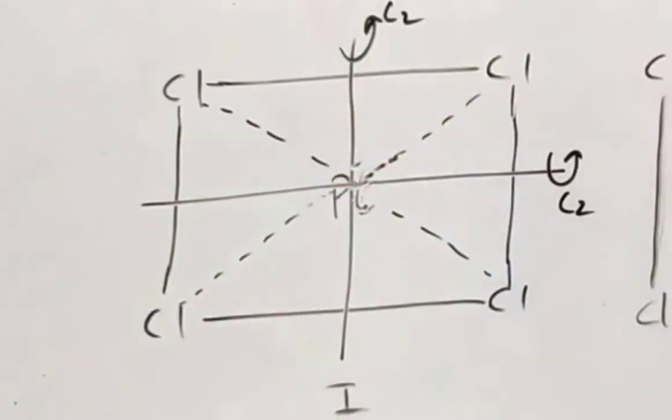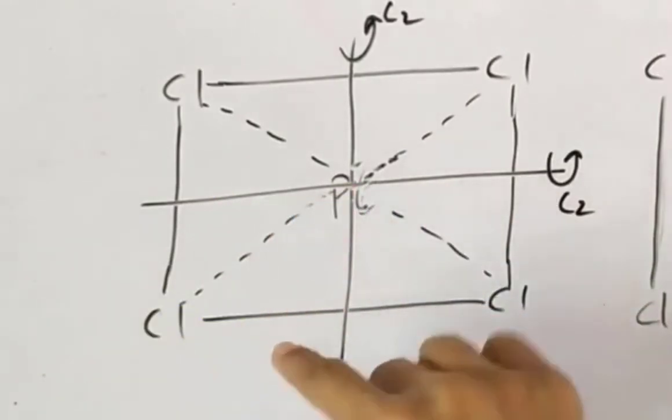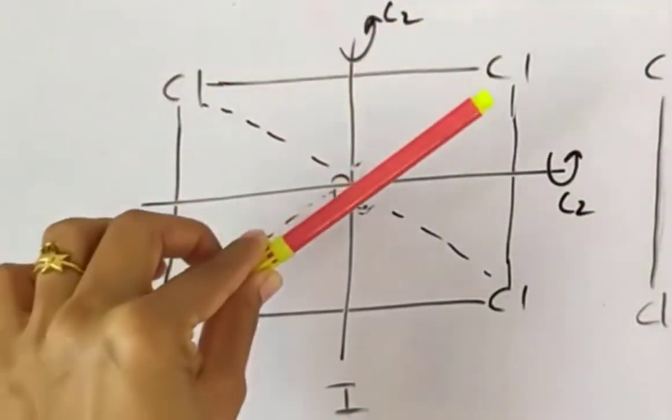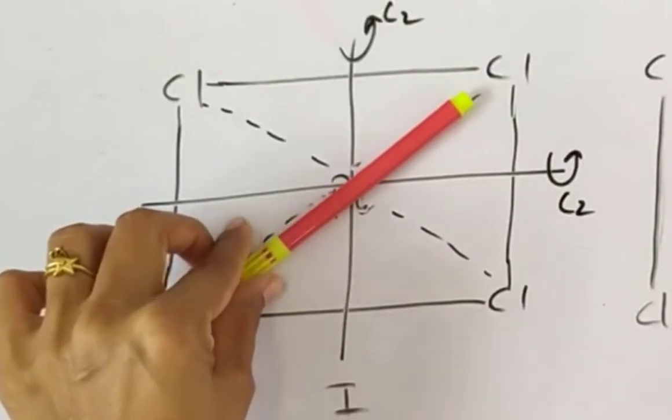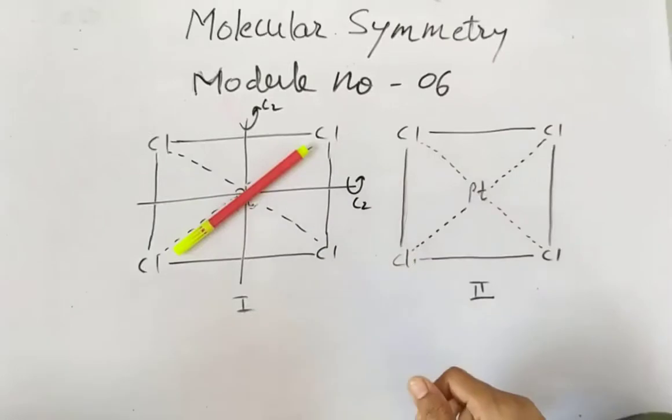Yes. These two perpendicular C2 axes are meeting at this point and this plane is cutting these two perpendicular C2 axes in this way.